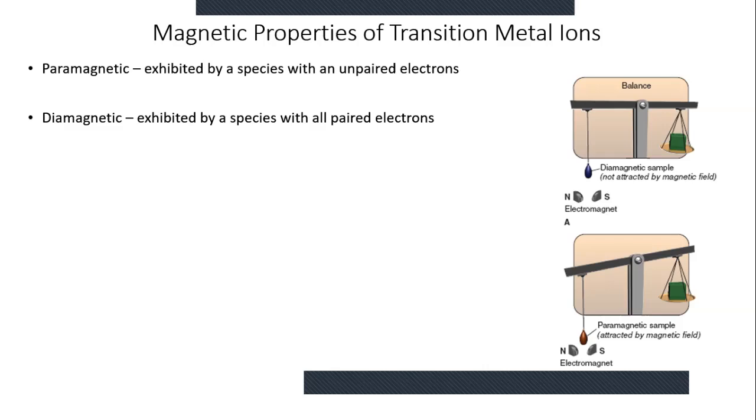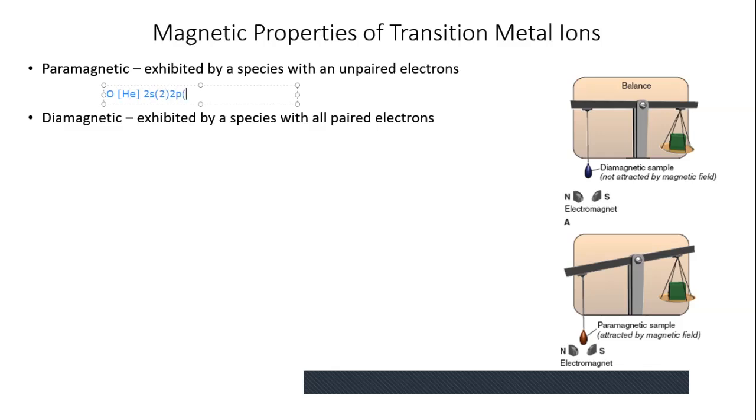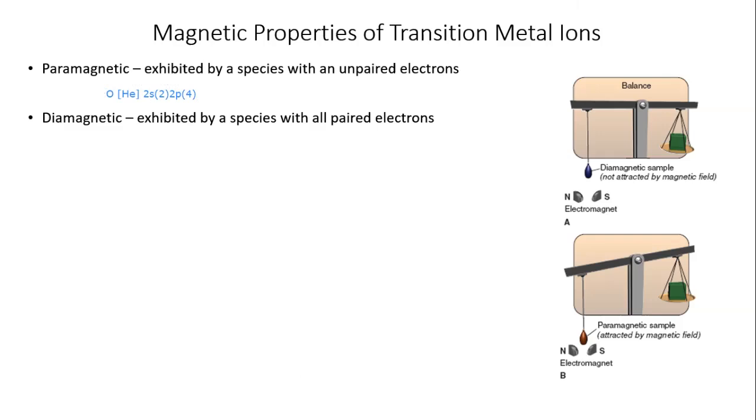So for example, if we look at oxygen, oxygen is helium 2s2 2p4. If we were to draw the orbital diagram of oxygen, 2s and 2p.